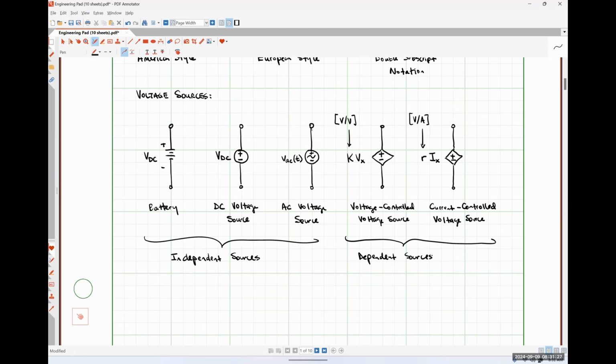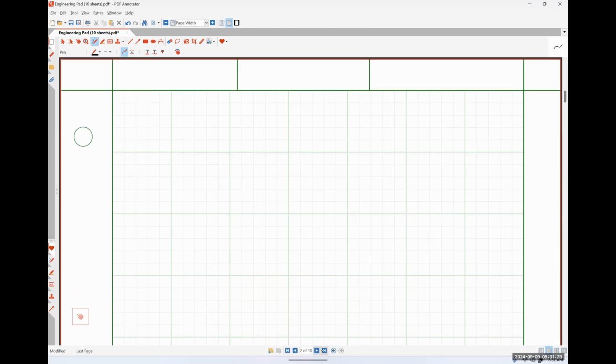Okay, so let's now talk about current and charge. So we'll start with our mathematical definition like we did for voltage.